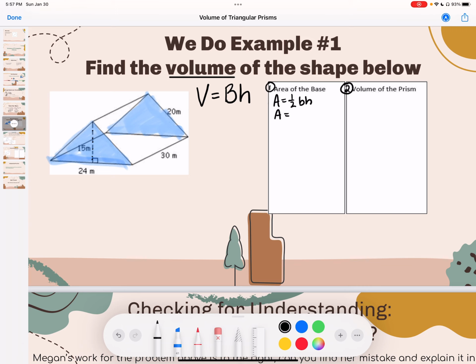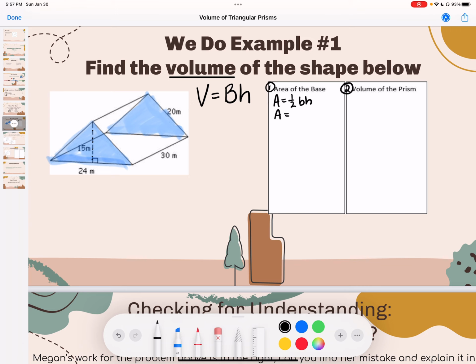The base of my base shape is this part right here. So I've got 24. Then the height is talking about where it makes the right angle. So on this one, it is 15.